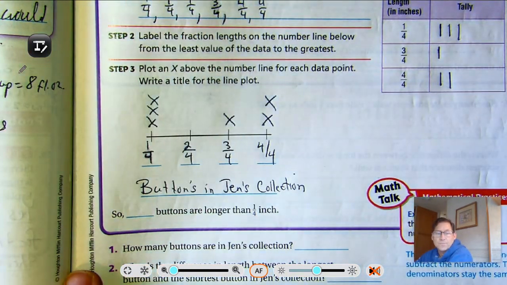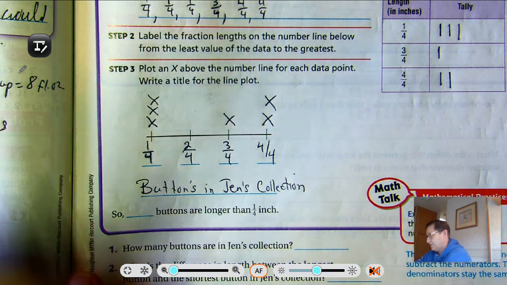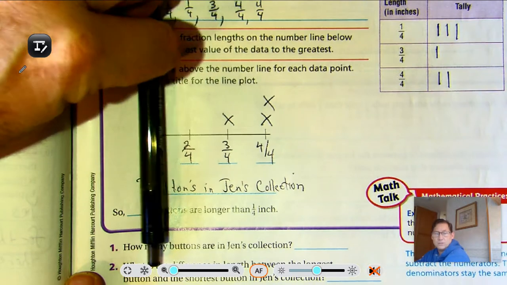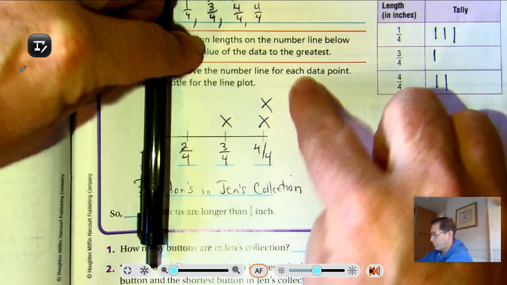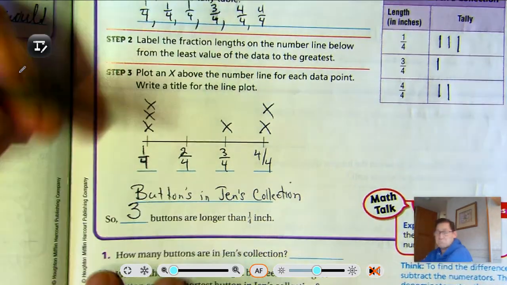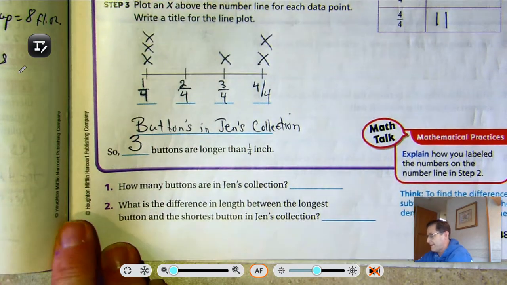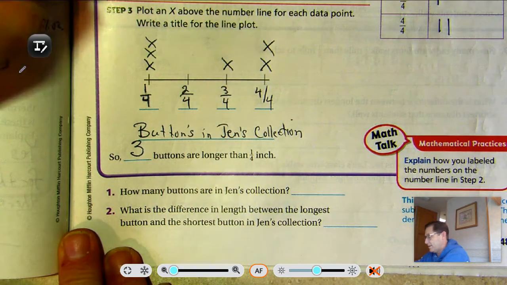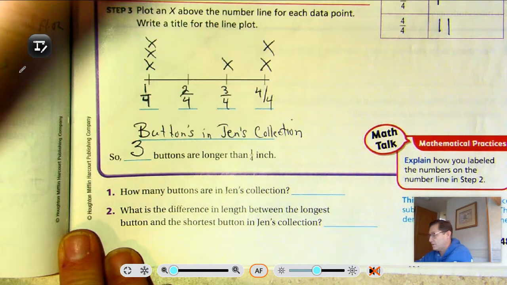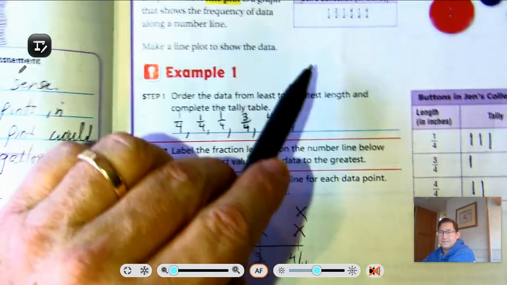Okay, so blank buttons are longer than 1/4 inch. So 1/4 is not longer than 1/4. So there's 1, 2, 3. Simple as that. How many buttons are in Jen's collection? Well, we could count the X's, we could count the number of tally marks, we could count the raw data.